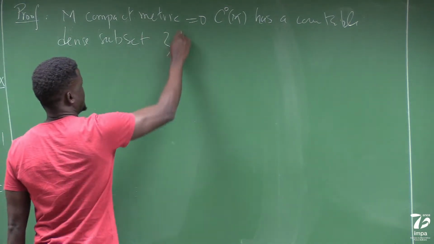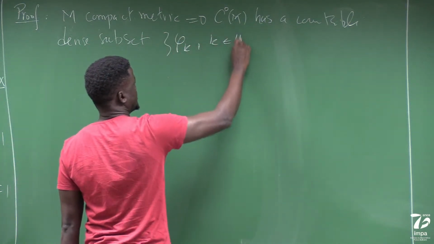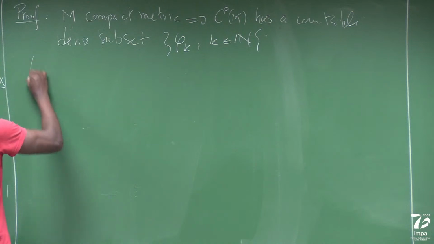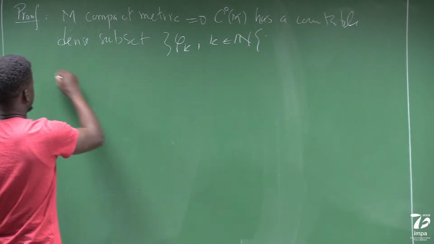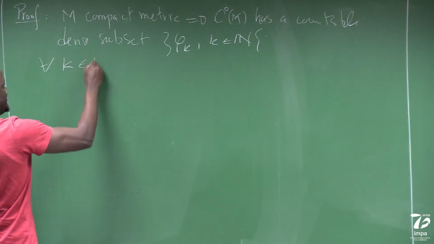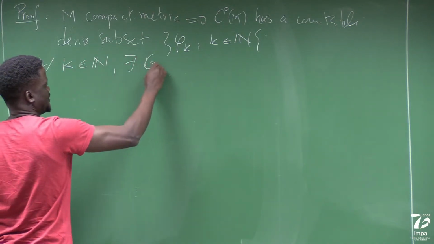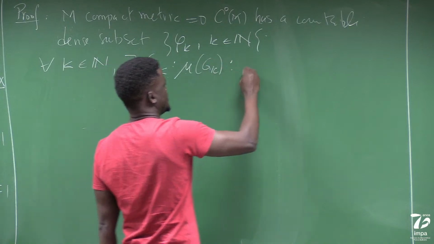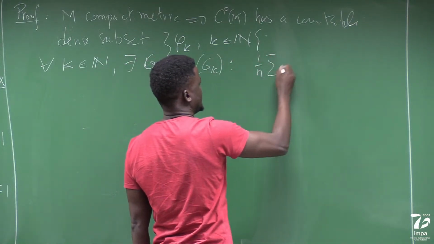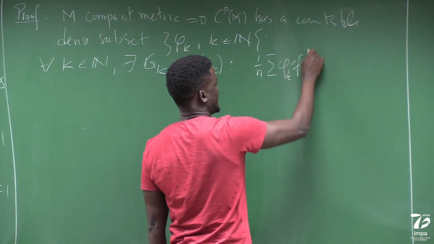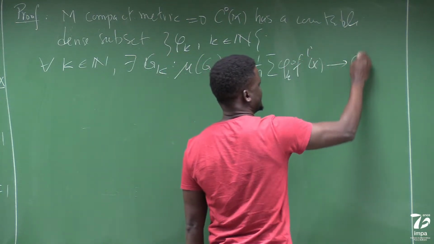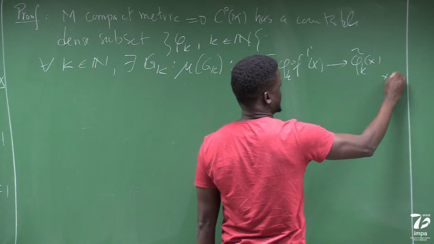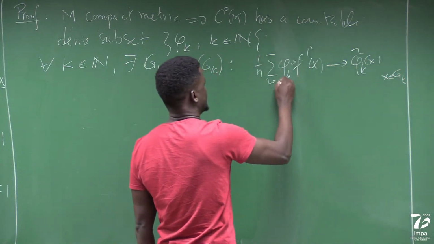Let's call it phi_k, k in N. For every k in N, you have G_k, a full measure set, for which you have the convergence, such that 1 over n sum of phi_k composed with f^i is converging to phi_k tilde of x for all x in G_k, i equals 0 to n minus 1.